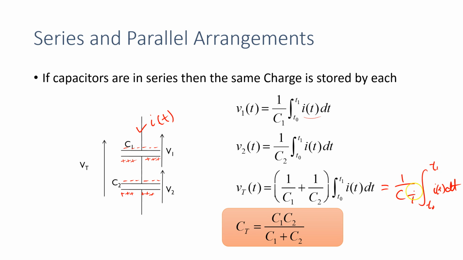So if I wrote it in this form, this 1 on CT would be equal to 1 on C1 plus 1 on C2. So if I make CT the subject of the formula, I'll get CT is C1 C2 over C1 plus C2, product over sum, which is the same as we got for resistors in parallel. So we have the converse of the relationships we had for resistors in the case of capacitances.